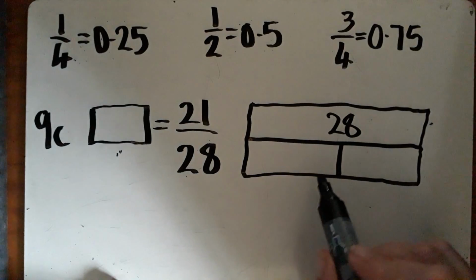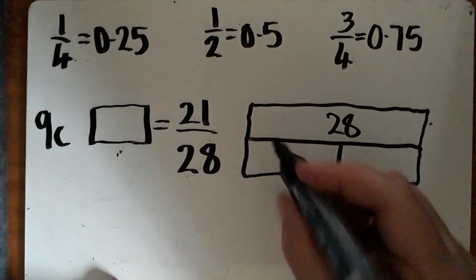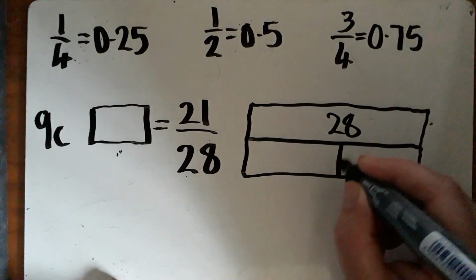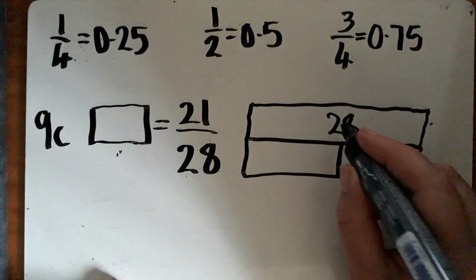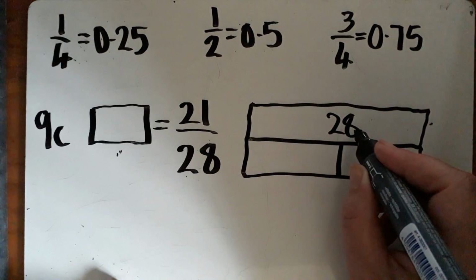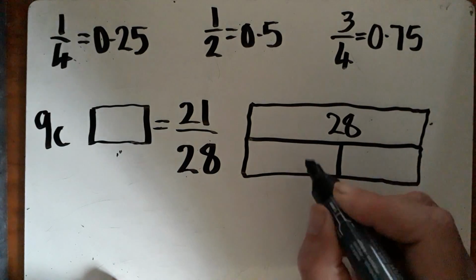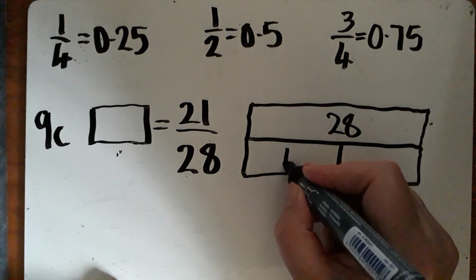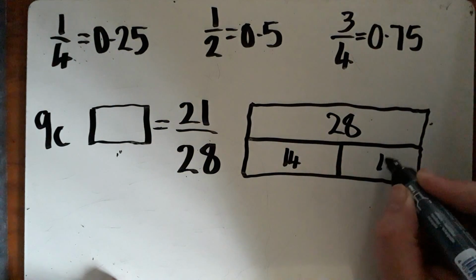Okay, so the first thing I'm going to do is work out what a half is the same as, and half of 28, I'll do half of 20 and half of 8. So half of 20 is 10, half of 8 is 4. So a half is the same as 14.